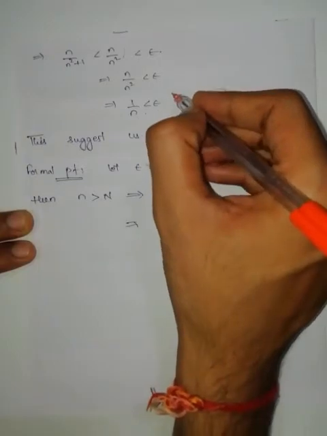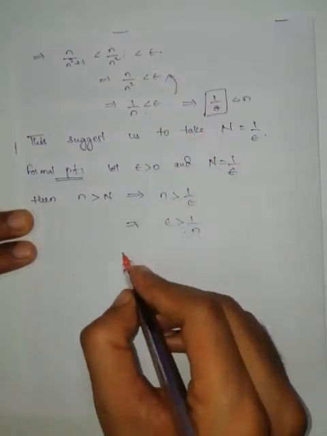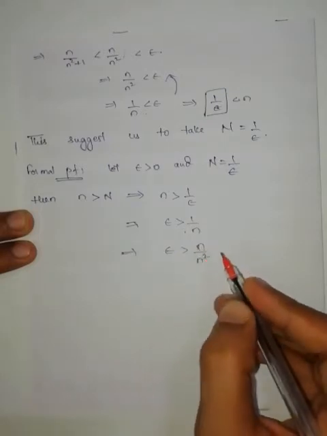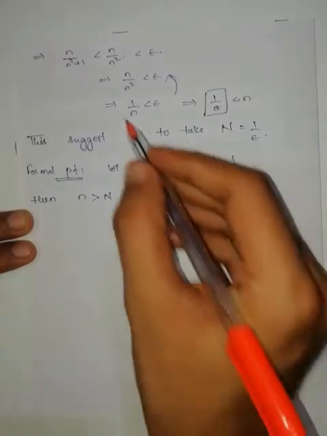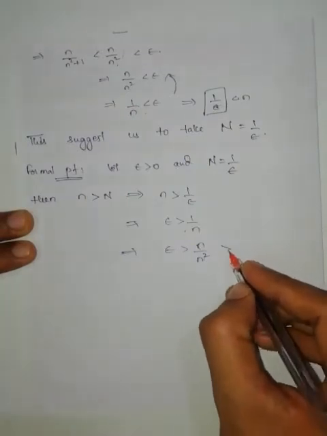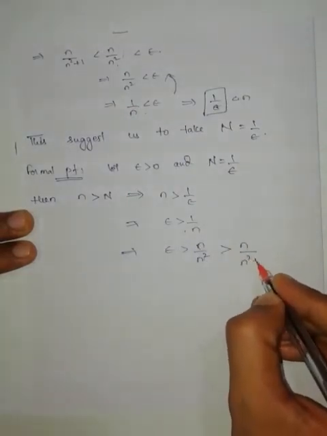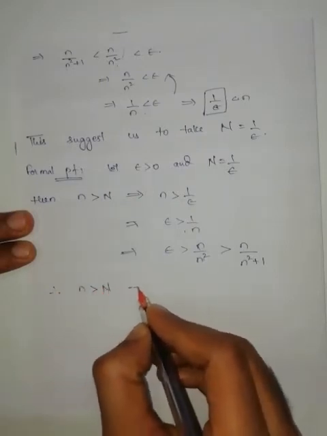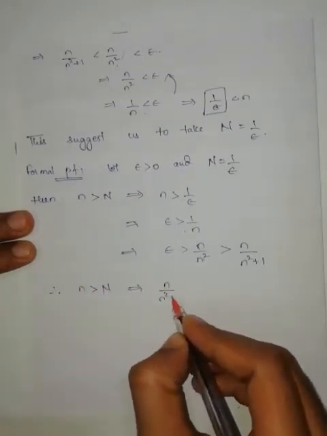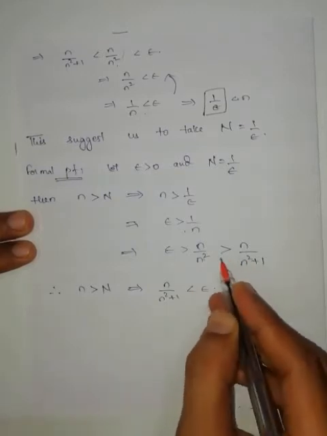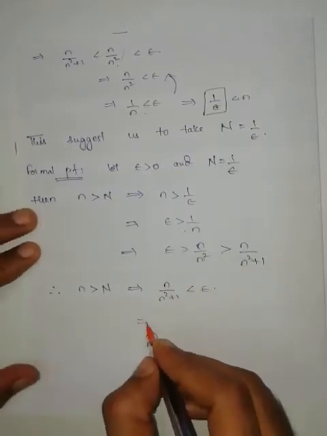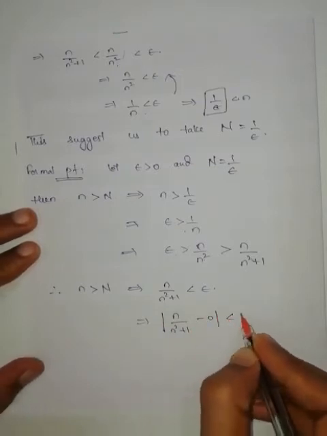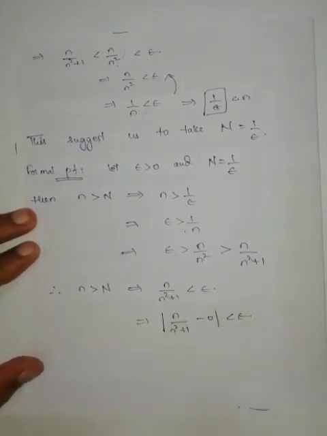Now I am writing this step. Epsilon is greater than 1 by n square. Since n by n square is greater than n by n square plus 1, therefore n greater than capital N implies n by n square plus 1 is less than epsilon. This one is less than this one. This one I can write as modulus of n by n square plus 1 minus 0 is less than epsilon, because this one is positive.